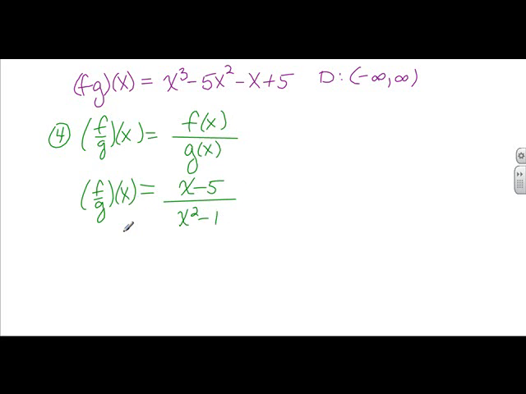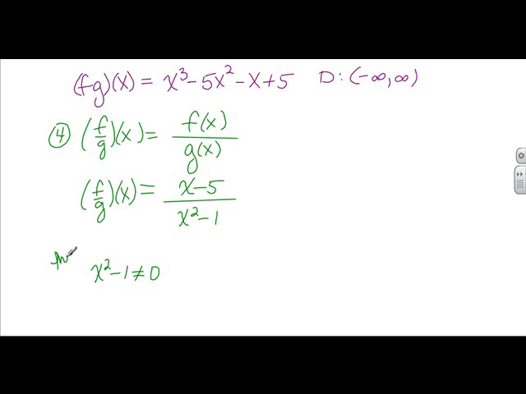But this time when we think about domain, we've got a situation where we have a fraction. We do not want the domain of our function to include any value of x that makes x squared minus 1 equal 0. So I'm thinking x squared minus 1 should not be allowed to be equal to 0. I can do this on some scratch paper.